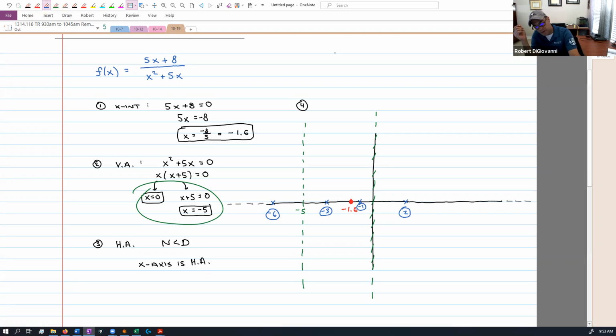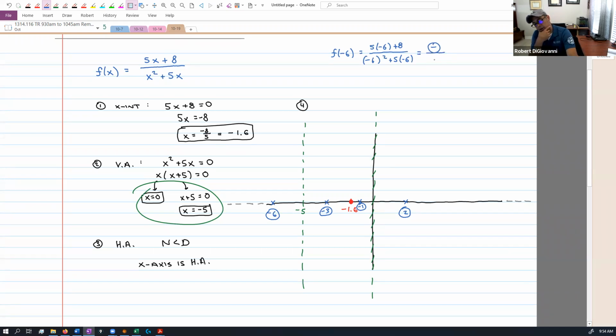Let me do it up here. If I plug in -6, I get 5 times -6 plus 8, and then -6 squared plus 5 times -6. The top is negative because I get -30 plus 8.